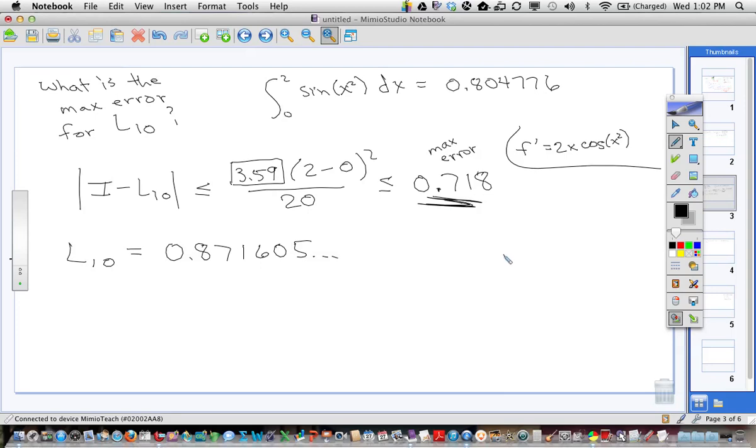So here's another thing I can ask you. Give me a range where you know the exact answer is in between. Give me a lower and upper bound. Well, what would be a lower and upper bound of the exact answer if you know this is the max error of this? Couldn't you just add this on, right? You could add this onto there and subtract it. Why don't you do that for me real quick and tell me what those numbers are.